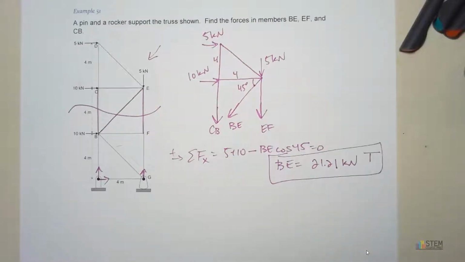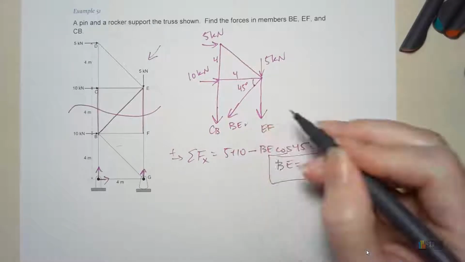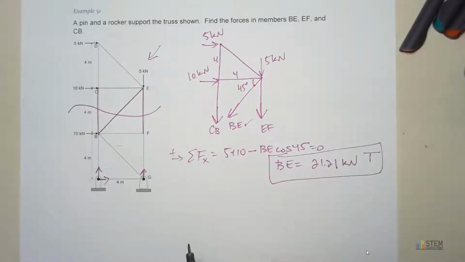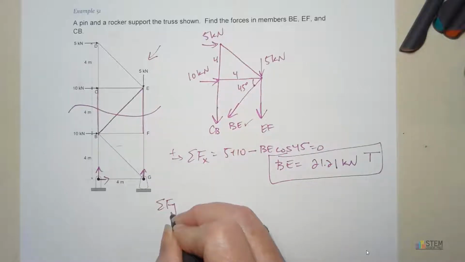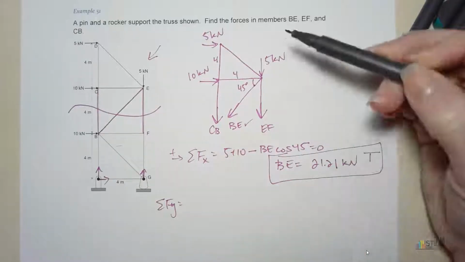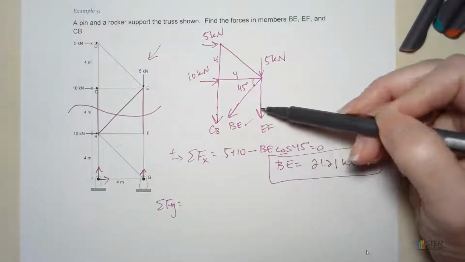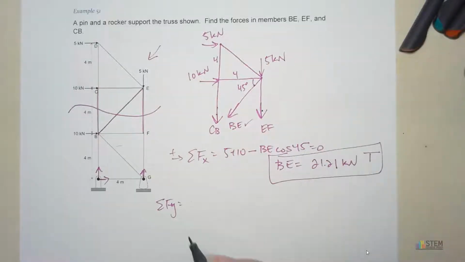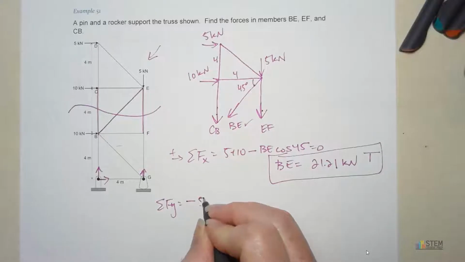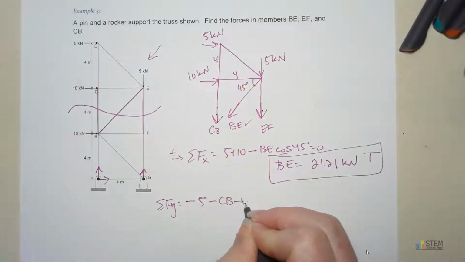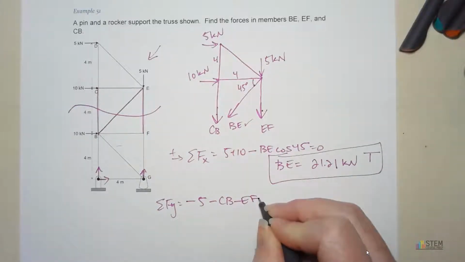Right. Now we've got 2 more to do. We've got this one, we need these 2. Let's go ahead and use the y components now. For y, we have negative 5, negative CB, negative EF. Like that.